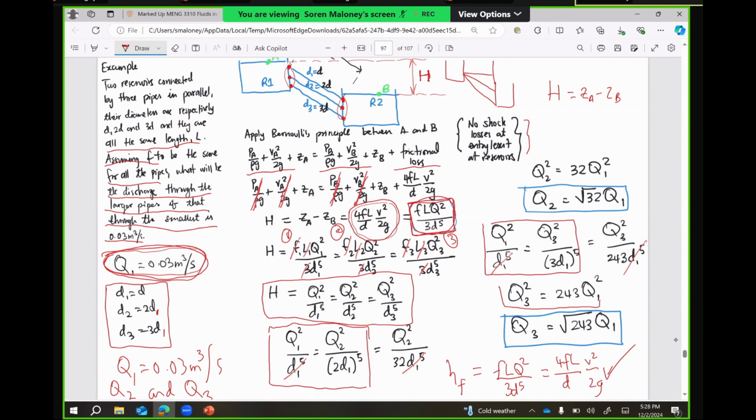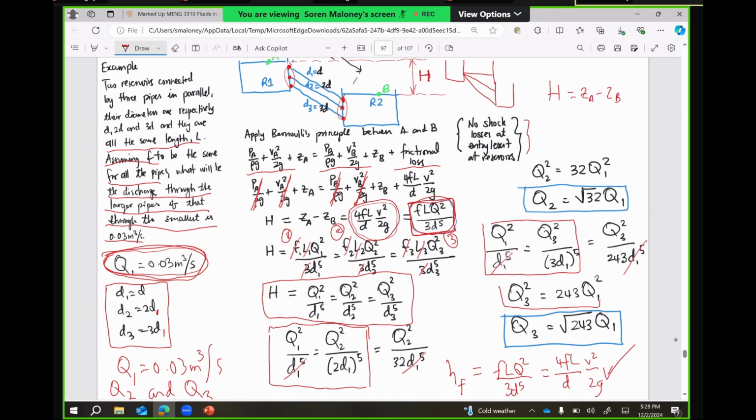Yes, because the head loss for each pipe is the same, because each one of these pipes is running between the same two reservoirs.